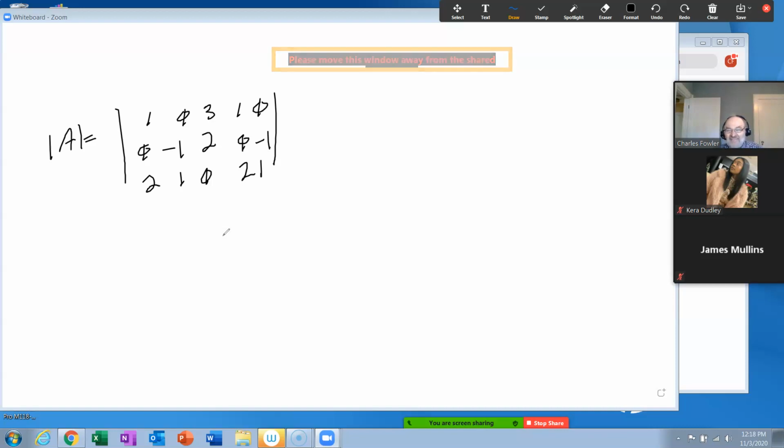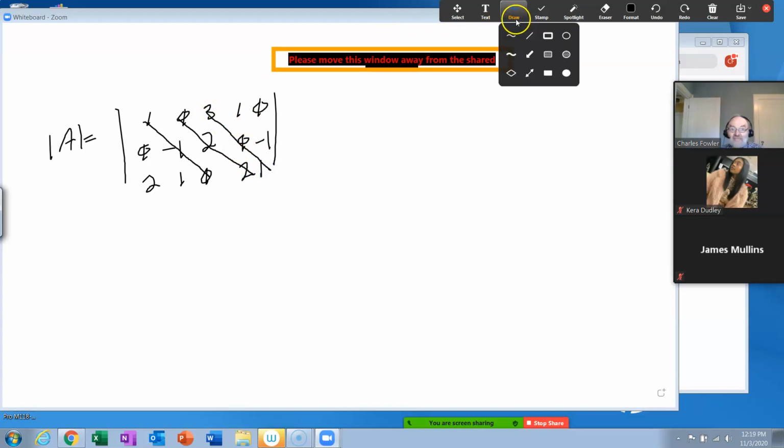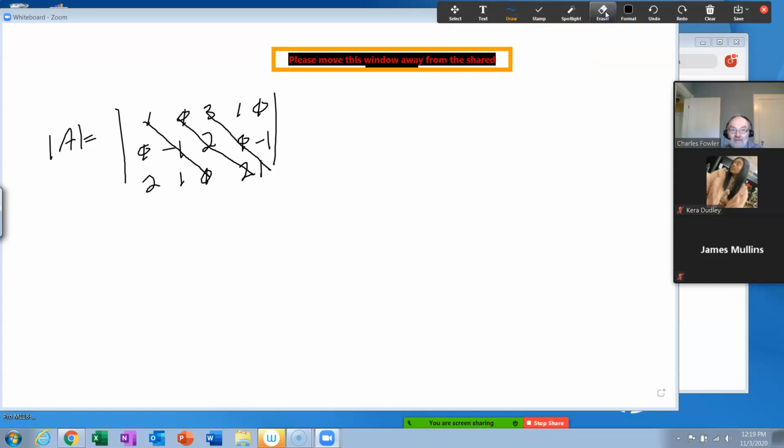But being the lazy person that I am, with a really sore throat, I'm going to do the determinant of this first. That's going to give us a 0, a 0, and a 0. So we get nothing with our down diagonals.